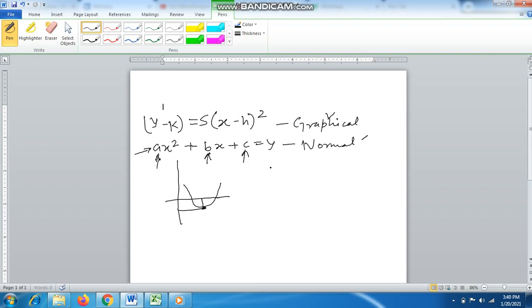When we convert it, it can be something like s into (x plus h) square plus k is equal to y. For the sake of simplicity I'm just writing it this way.